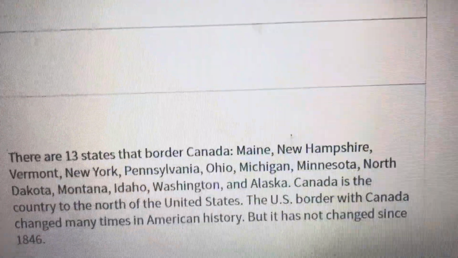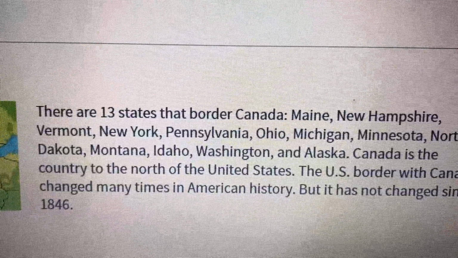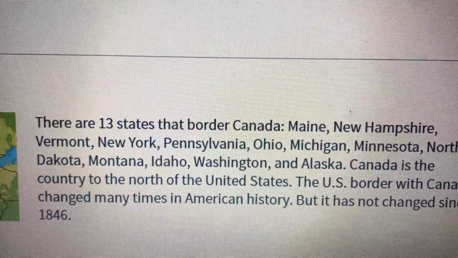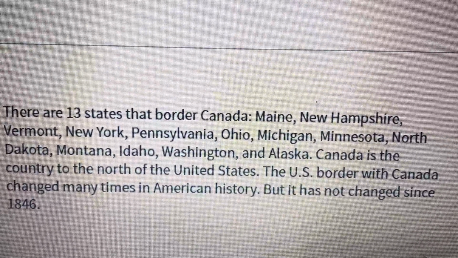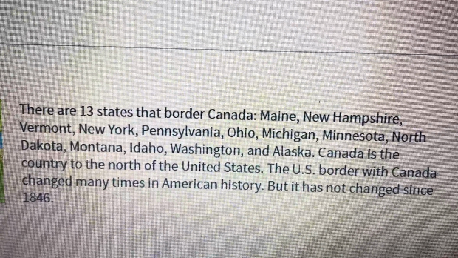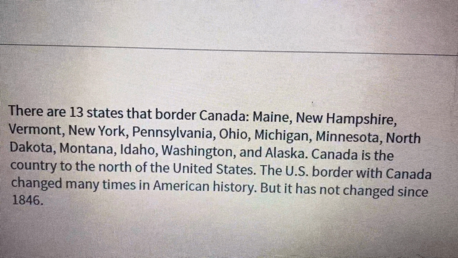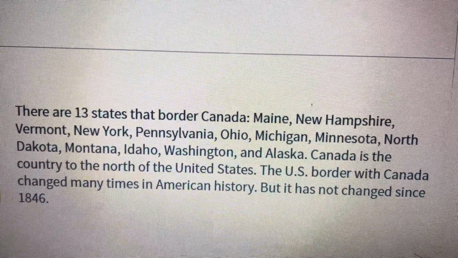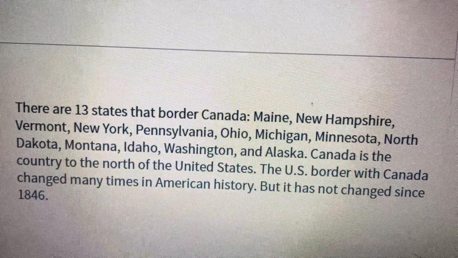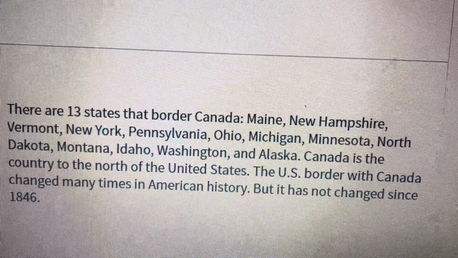Name one state that borders Canada. Maine. Say Maine. There are 13 states that border Canada: Maine, New Hampshire, Vermont, New York, Pennsylvania, Ohio, Michigan, Minnesota, North Dakota, Montana, Idaho, Washington, and Alaska.